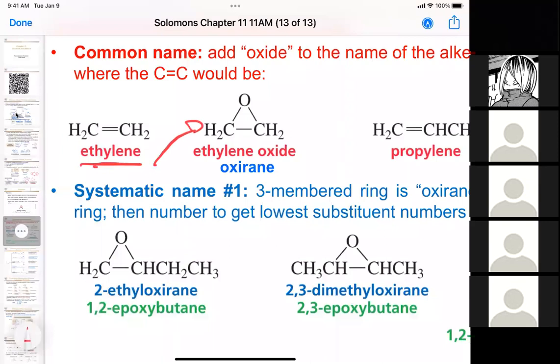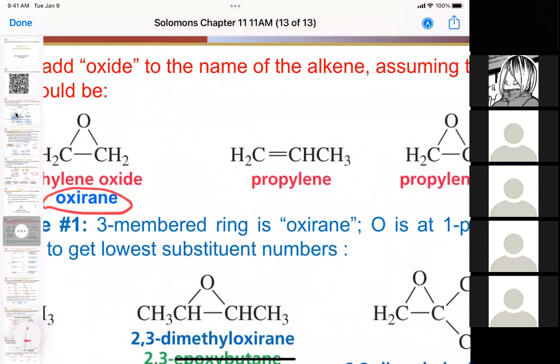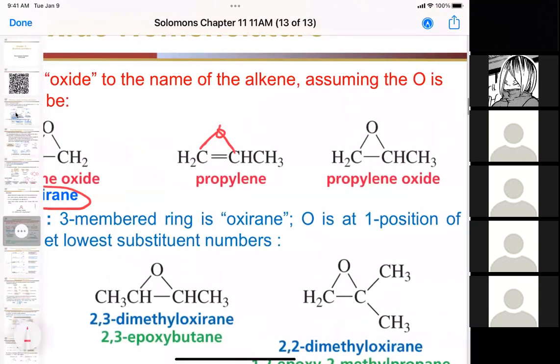The true name is oxirane right here, or oxacyclopropane, etc. Now, the common name: if we had this double bond and we put an oxygen across it here, we would have propylene oxide. So the common names are based on the alkene you would have started with to put the oxygen into that ring.